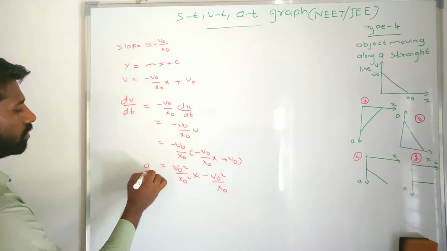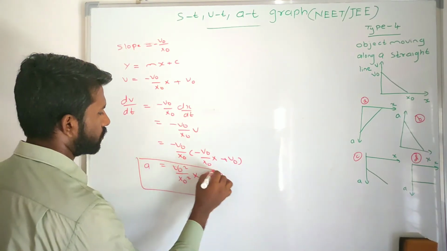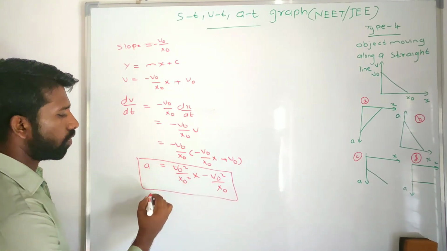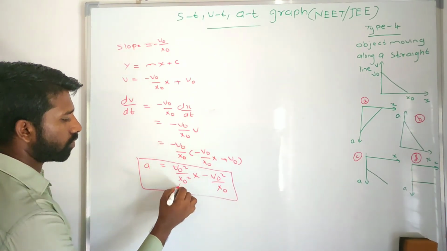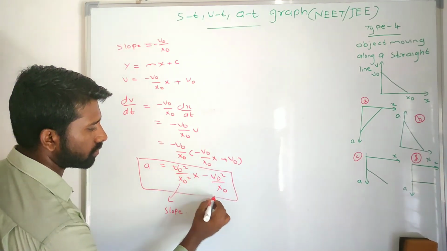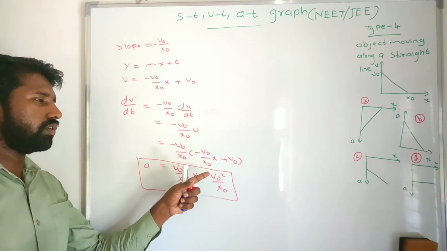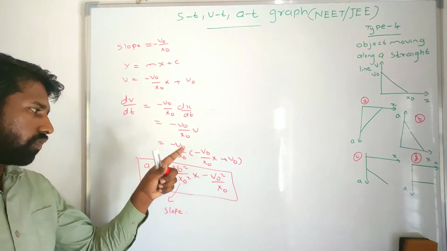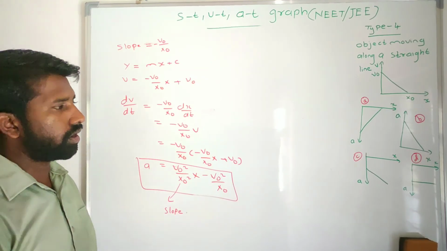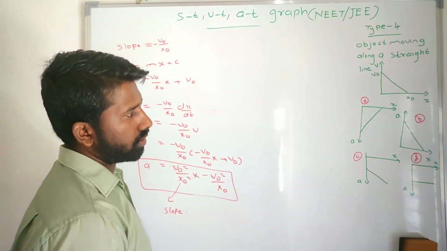This is the acceleration graph. So what do we get from this? Here the slope is equal to v0 square by x0 square. This is the slope. What about the y-intercept? The y-intercept is minus v0 square by x0. So the y-intercept is negative and the slope is positive. Which graph has a negative y-intercept?